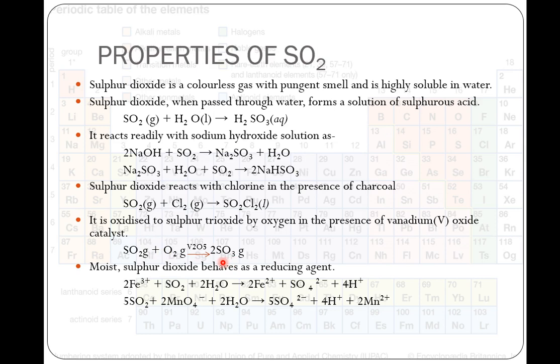Moist sulfur dioxide behaves as a reducing agent. It reduces ferric ions to ferrous ions, and sulfur dioxide reaction with MnO4 negative means it reduces permanganate ions to Mn plus 2 ions.